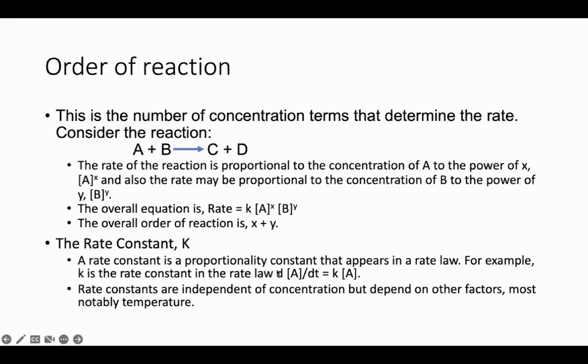So you will definitely understand this equation that says that the rate of change of the concentration of A over time T will be moderated by this constant K times the initial concentration of drug A that was administered to that system. So rate constants are independent of concentration, but depend on other factors, most notably temperature, right? Or even the solubility of the drug in the system.